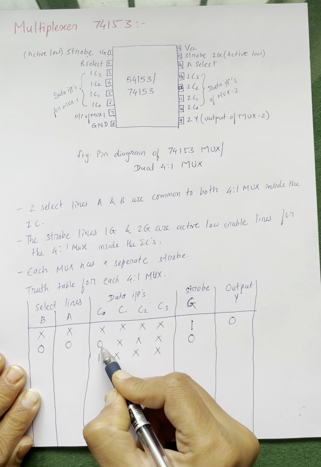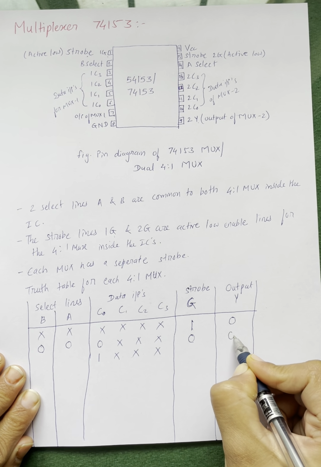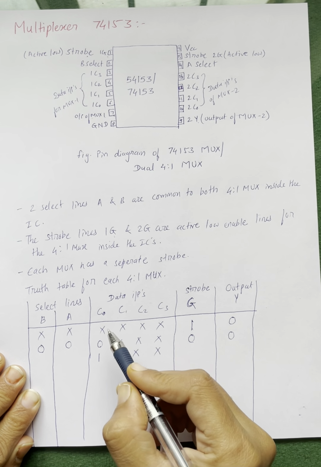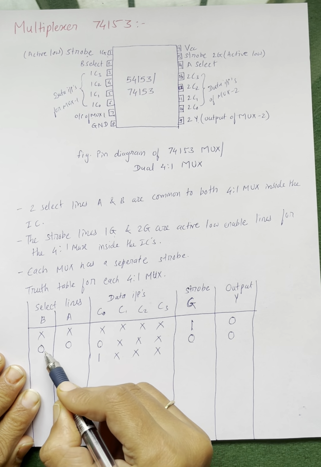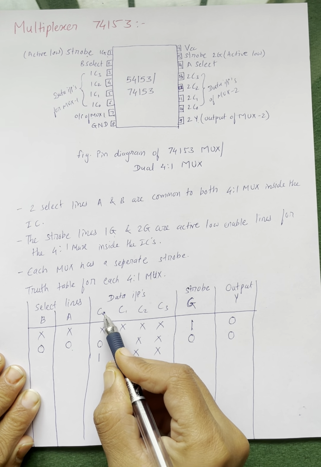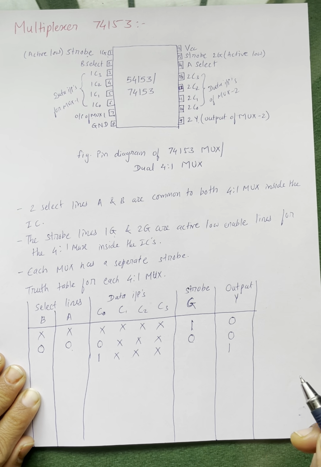Here the value of C0 is 0, so the output will be 0. Now in the next condition, select lines are 0 0, that means C0 is selected and the C0 value is 1, so your output will be 1.